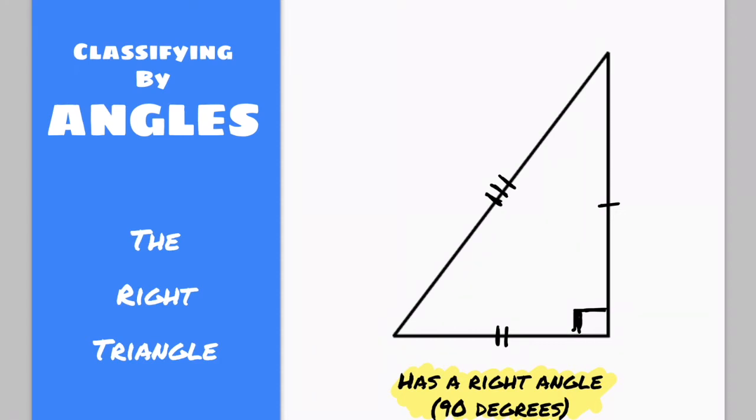If we were to see a right isosceles, I'll draw it up here for you, and I'll do my best, and we'd have that right angle. My measurements may be a little off, I'm not the perfect artist, but by putting those congruent lines, I'm communicating to you that those are the same.